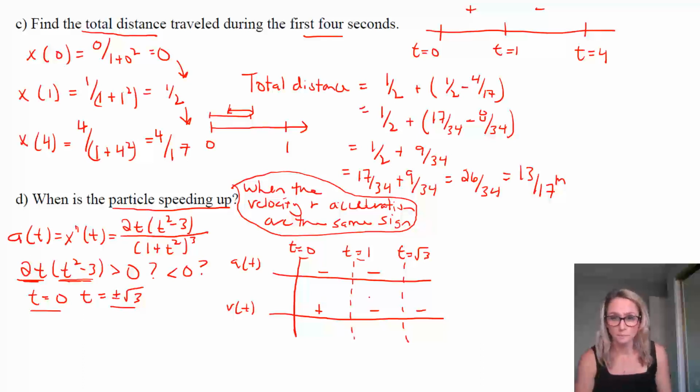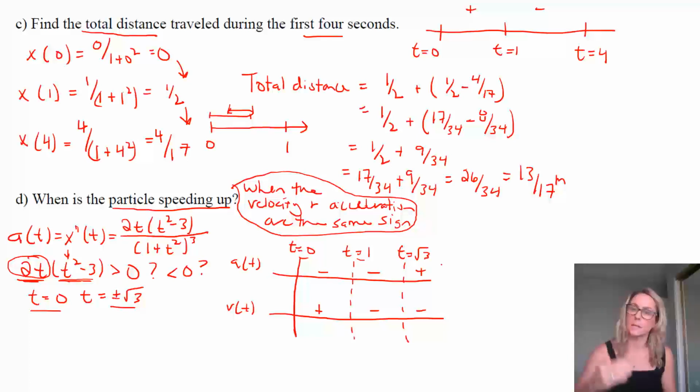Moving to the left. If I pick something greater than root 3, say I pick something like 5, again, this piece is always positive, and now this piece, I take 5 and square it, I get 25 minus 3, that's a positive number. So I get a positive times a positive, that's a positive, which means I have a difference in the signs after the square root of 3.